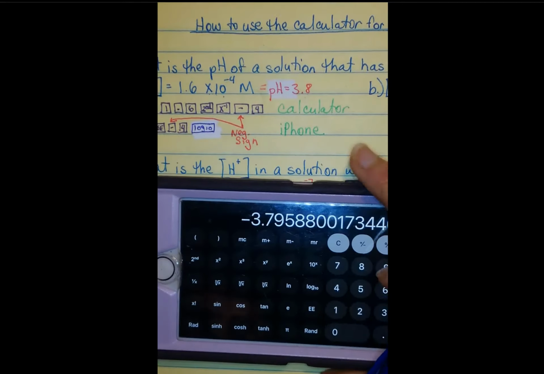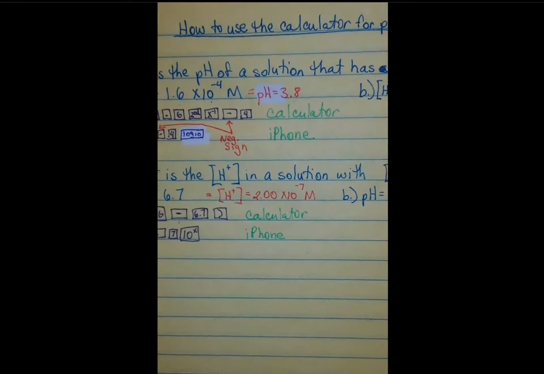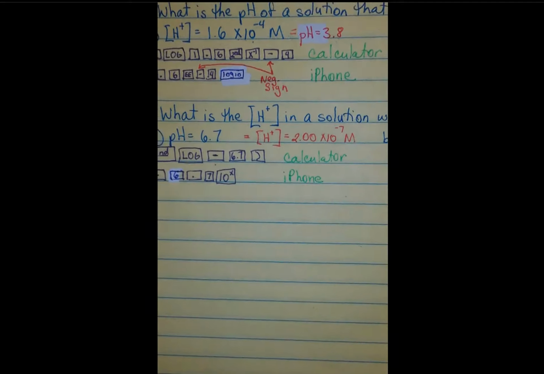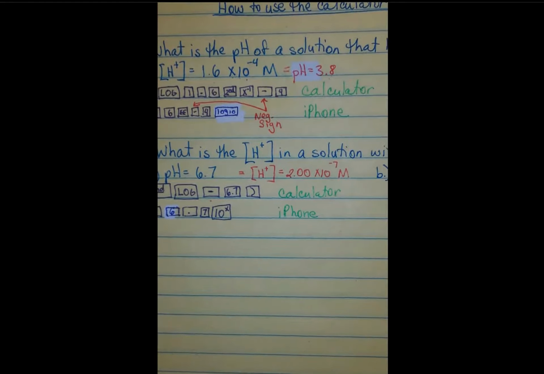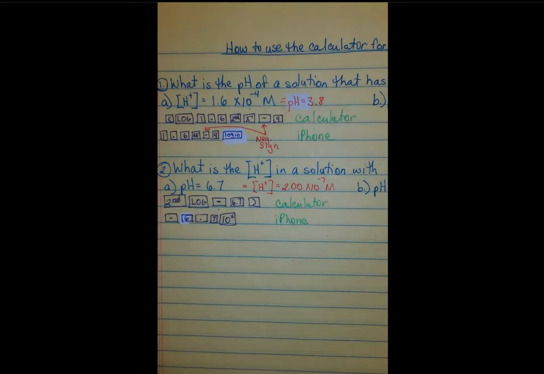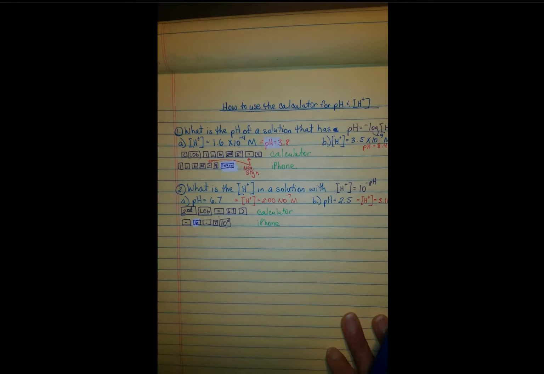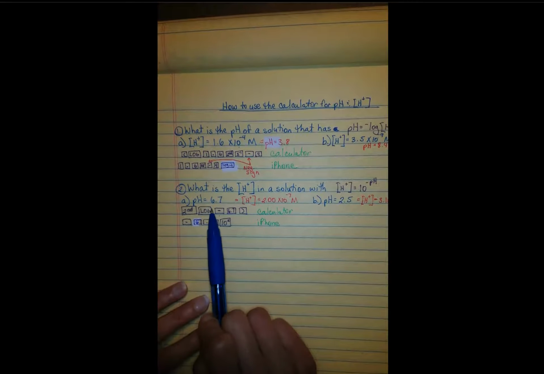On the other hand, if you are given the pH but you are asked to find the hydrogen ion concentration of the solution, then you would do the inverse of it. You would do the other function.